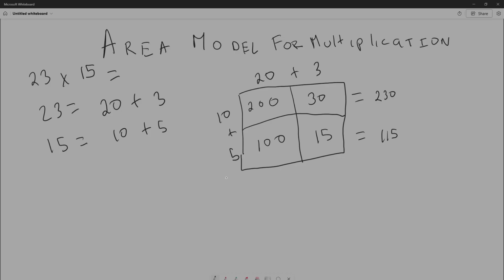And now we add them. 0 plus 5, that's 5, and then 3 plus 1, that's 4, and then 2 plus 1, that's 3. So the answer to 23 times 15 is equal to 345. So that's how you do the area model for multiplication when you have a 2 by 2 number.